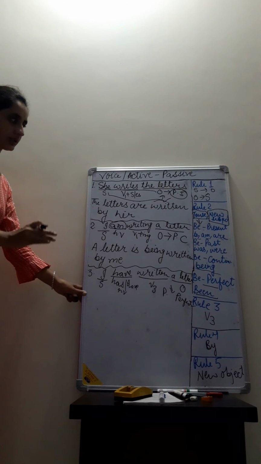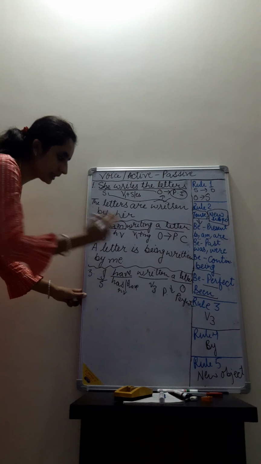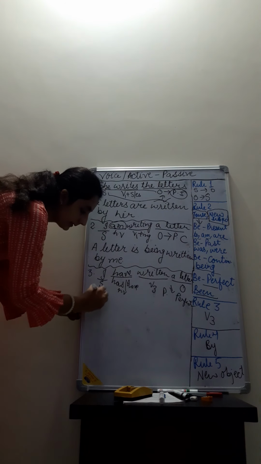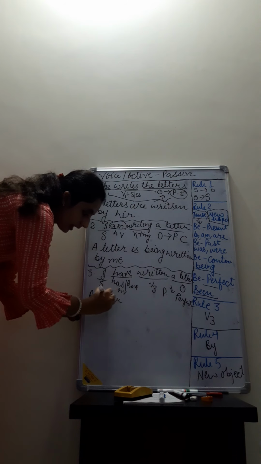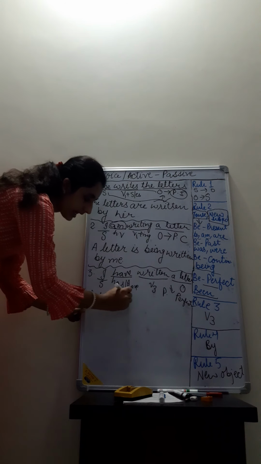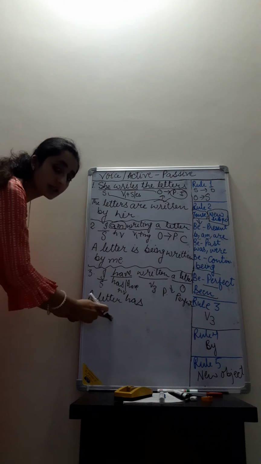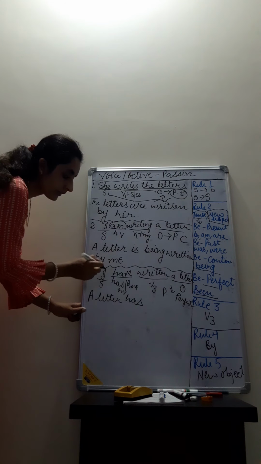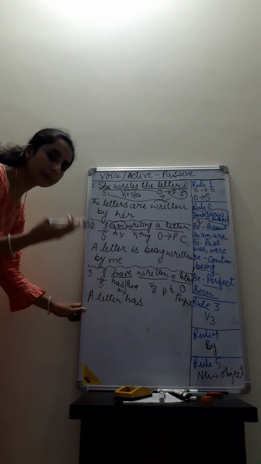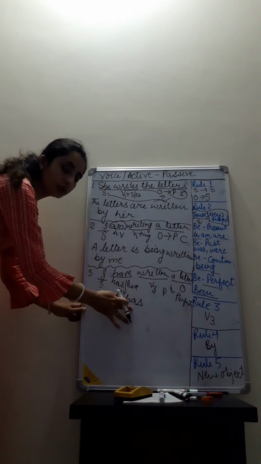So we will see the rules. Rule number 1 says change subject into object and object into subject. A letter. So I cannot write have here. I have to write has. Why have I written has? Because a letter is singular and we use have with I, you and plural, and with a letter, which is singular, we have to use has.